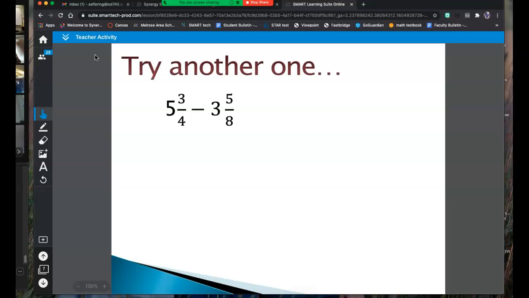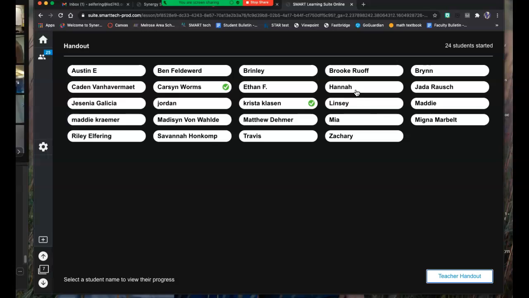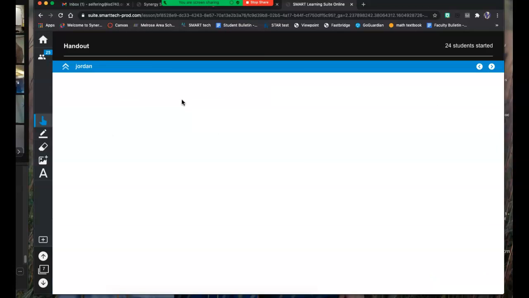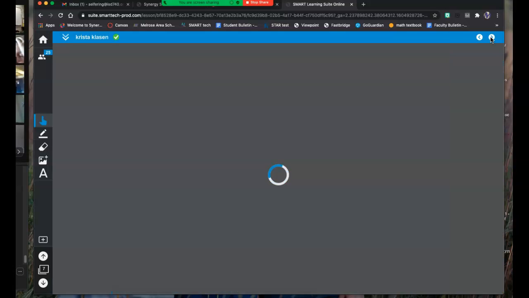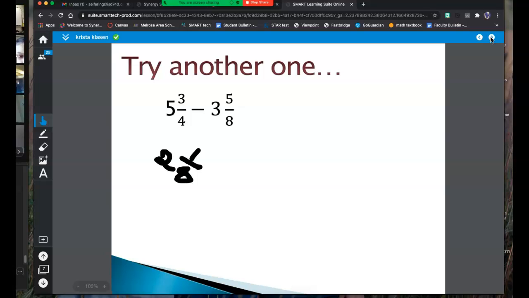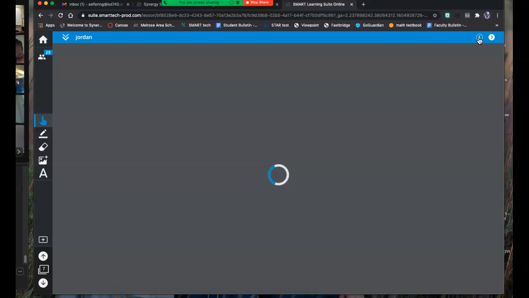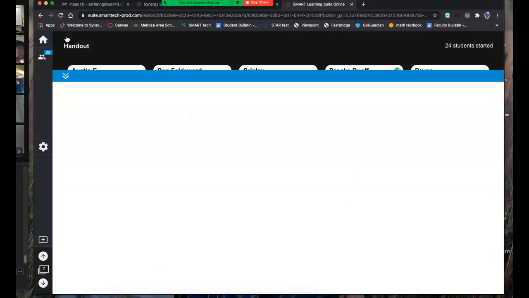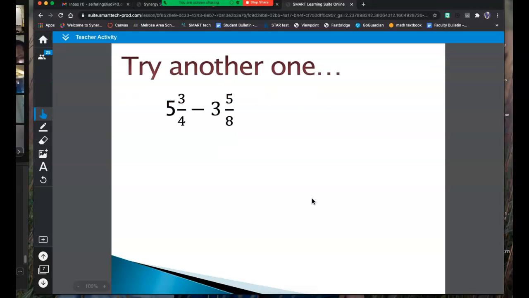Jordan, make sure we're writing something down. Jada, be careful with that bottom number, you have to multiply the two bottom numbers together. Kaden, be careful because there's a minus sign between there.